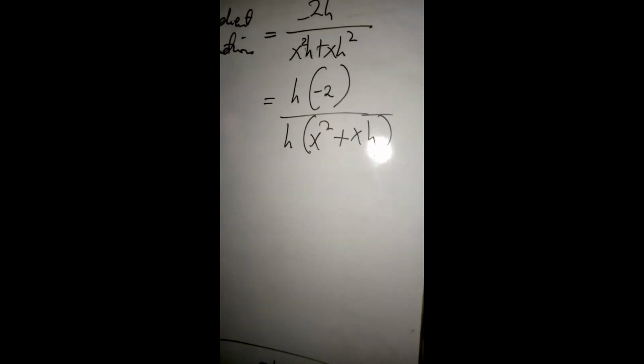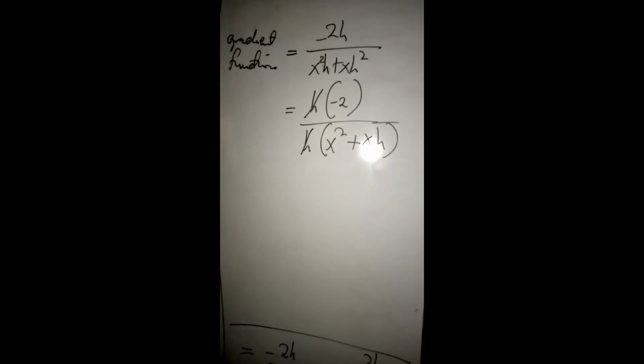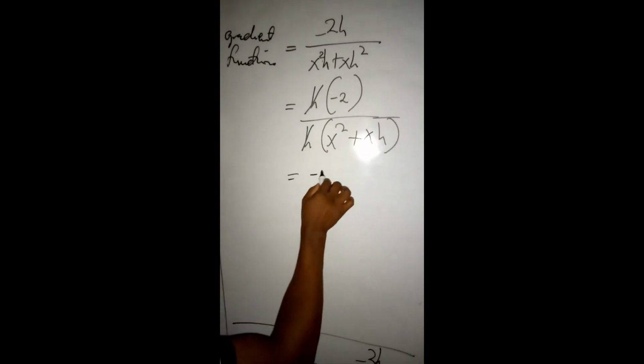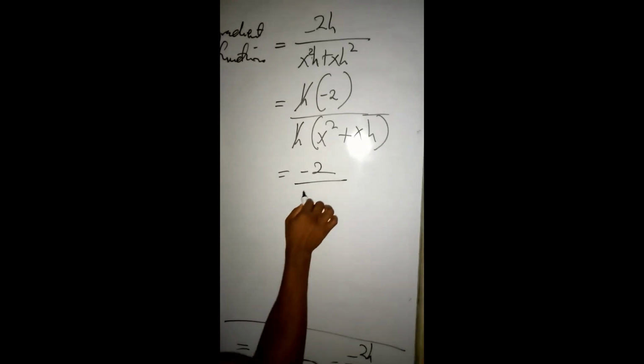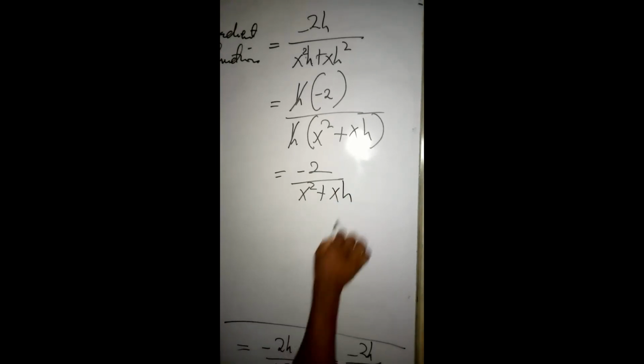So having done that, you discover that h will factor out. And what you actually have now is minus 2 all over x squared plus xh.